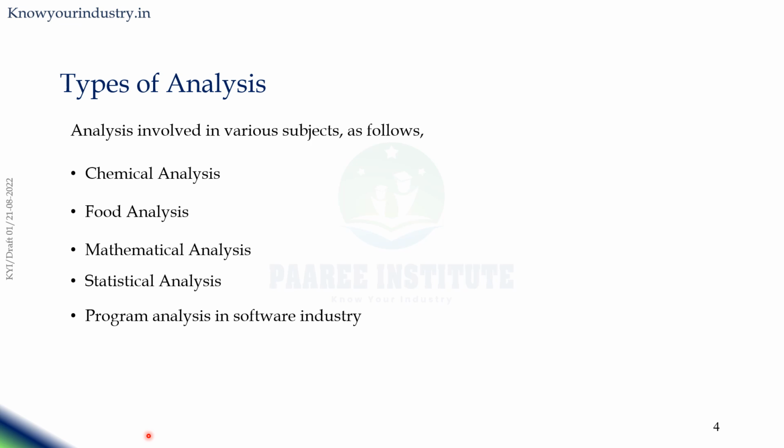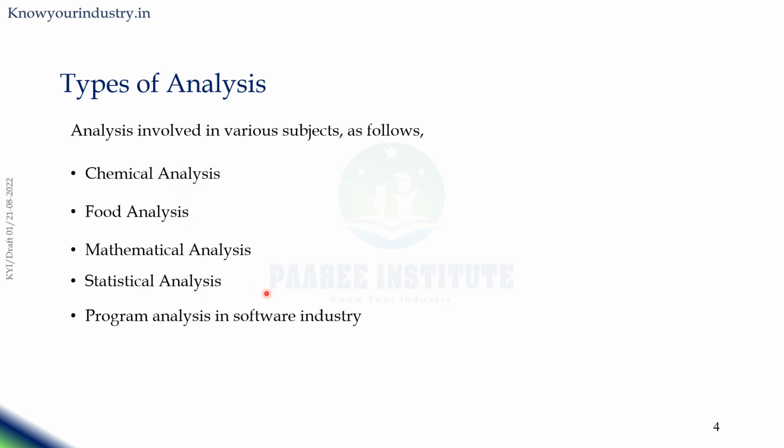What are the types of analysis? Analysis is a terminology which is widely used in industry and academics in various sectors. You can see chemical analysis in the chemical industry and the pharmaceutical industry. You can see food analysis in the food industry. In some cases, it can be mathematical analysis, somewhere statistical analysis, somewhere program analysis in the software industry. So every product we make requires analysis.